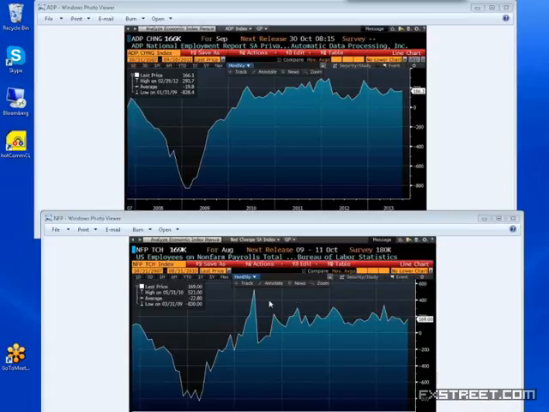The thing we would have to be concerned about here is this spike right here, which is very poorly reflected in the ADP charts. But once you assume that you're not getting non-farm payrolls anymore, the statisticians go to work and they make the information a better reflection of what's actually going on in the economy.